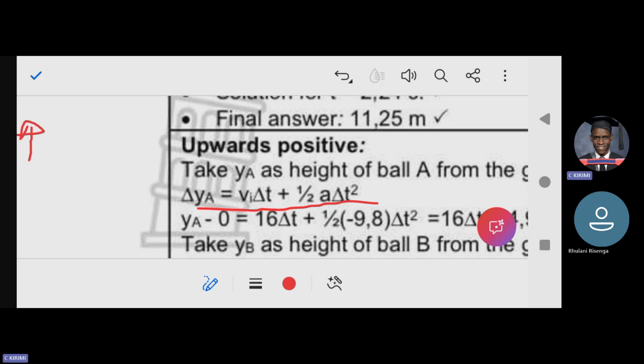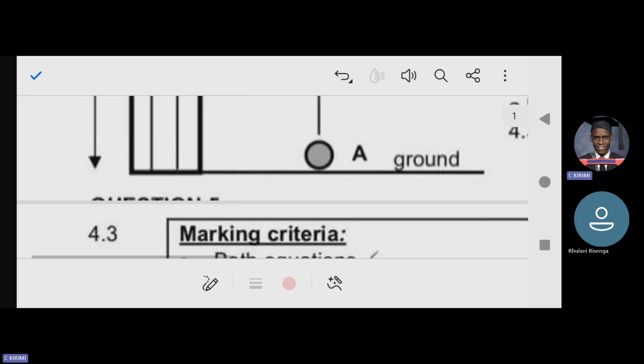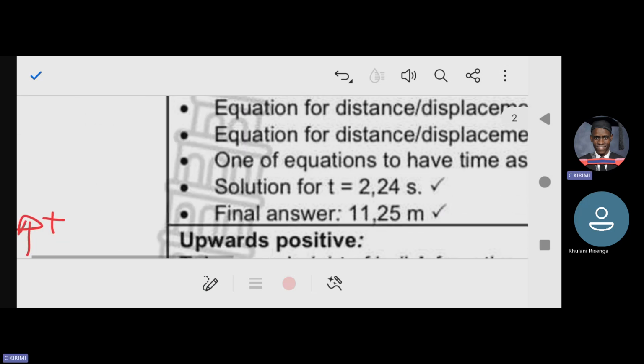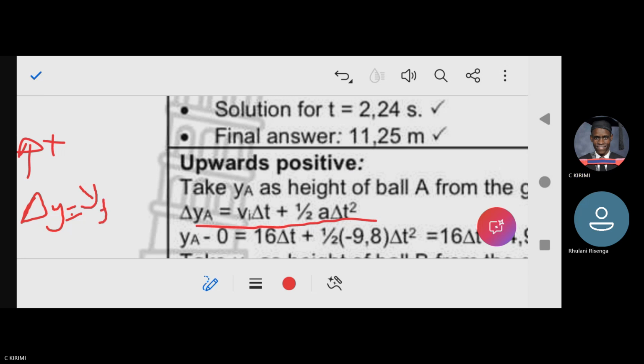If up is positive and you are talking of ball A, how was ball A projected? Ball A is projected from the ground, going upwards. So my reference point is the 0. How do you write change in Y? We know that change in Y is Y final minus Y initial.